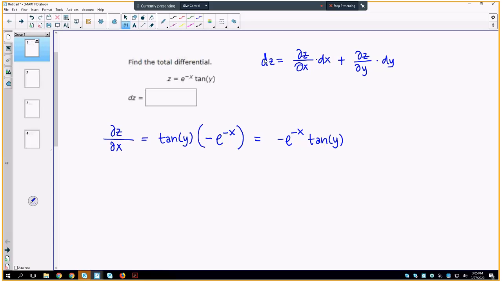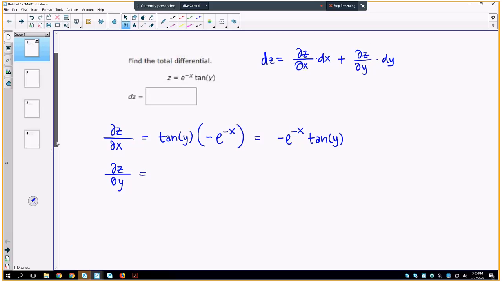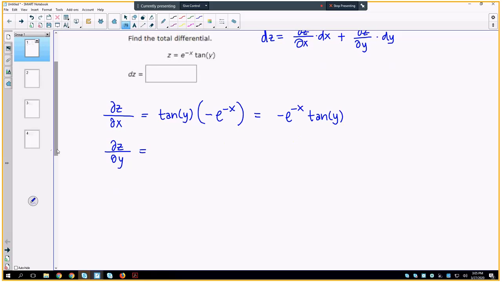And then I'll find del z del y. So now I'm going to treat any function involving x as a constant and take the derivative with respect to y. So e to the minus x, we're treating it as a constant, and the derivative is secant squared y. The derivative of tangent, of course, is secant squared. So this is e to the minus x secant squared of y.